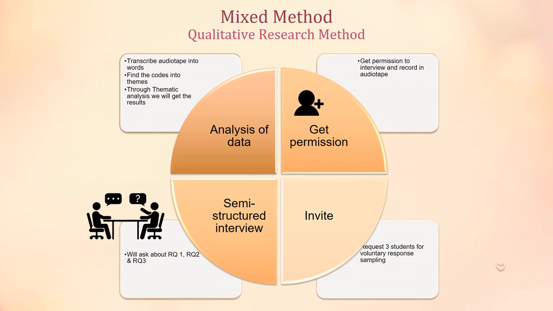After conducting the interview, I will transcribe the audio tape into words. Later, I'll find the codes and make them into themes. Later, I'll have the result or the finding from the interview.